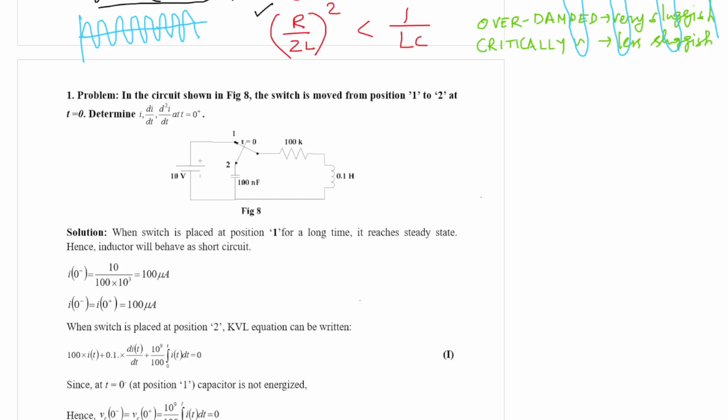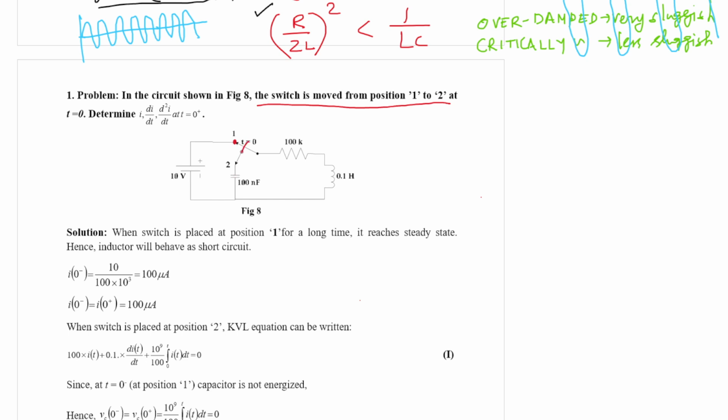So let us consider this figure 8. We have a network. Please follow the language: the switch is moved from position 1 to 2. That means the switch is initially at position 1, then it is moved from position 1 to 2.